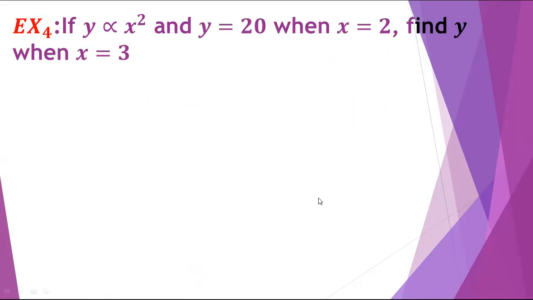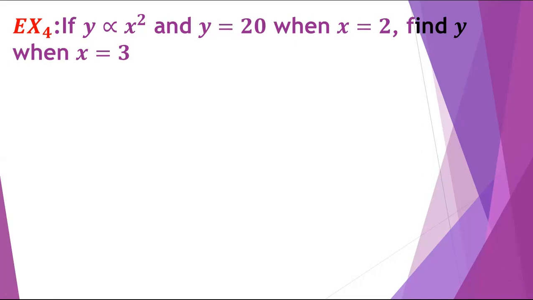Example 4. If y varies directly as x power 2, and y equals 20 when x equals 2, find y when x equals 3. You can use solution number 1 or solution number 2 as you like, but I prefer number 1.